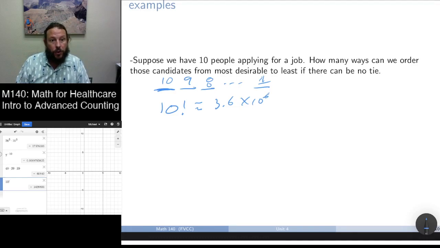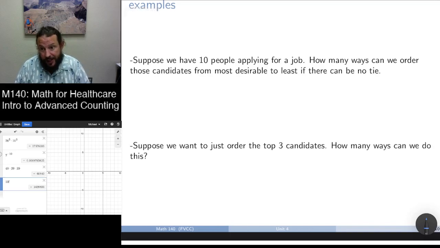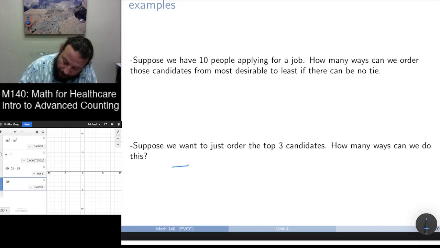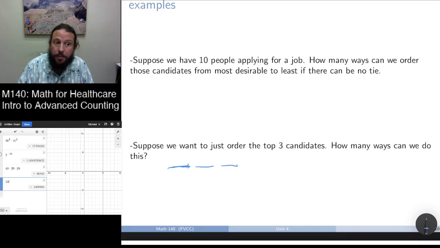So that's if we are ordering them all. Now, what if we just want to order the top 3 candidates? How many ways can we do this? Now we only have 3 candidates to order. For the first position, there's 10 candidates, just like before. There's 9 candidates for the second, and 8 candidates for the third.